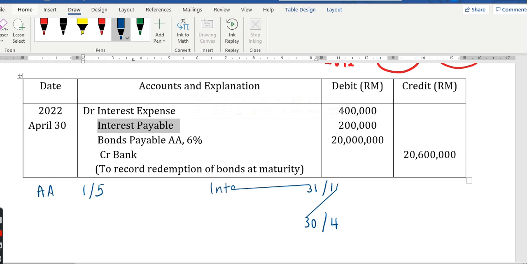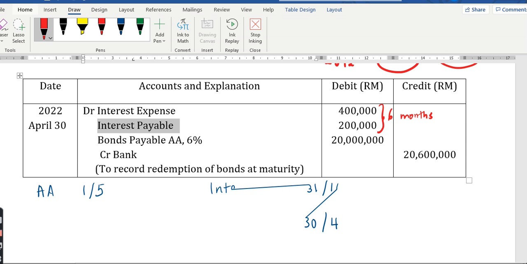Actually, both are the 6 months interest, but they are separated because this 200,000 belongs to last year's interest expense, and this 400,000 belongs to the current year interest expense. That is why you see the payment of the interest separated into two.